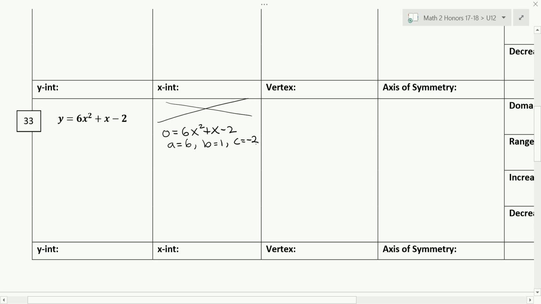Okay, I'm going to pause here. I'm going to keep working on it, but I'm going to freeze the screen so you can't see what I'm doing because I want you to work ahead of me. Okay?